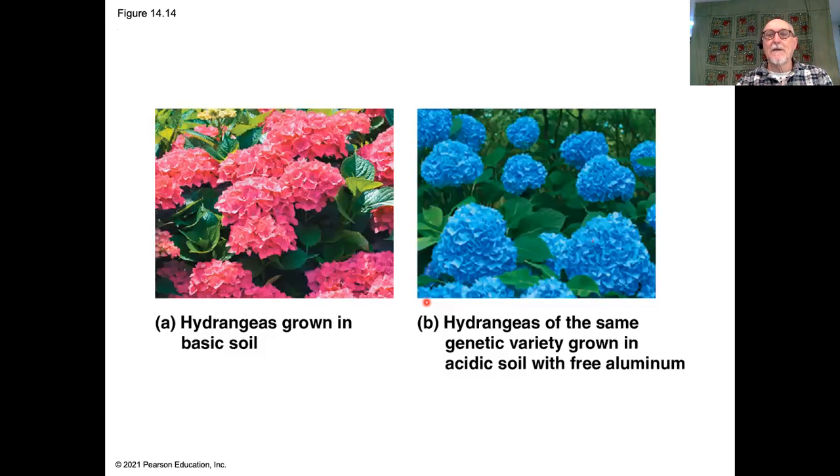Just as a simple example, have a look here. These are two hydrangea plants. They're actually clones. They're genetically identical plants, but one of them grown in soil which is alkaline, one of them grown in soil which is acidic, and they are completely different colors. We would say that these are totally different plants.